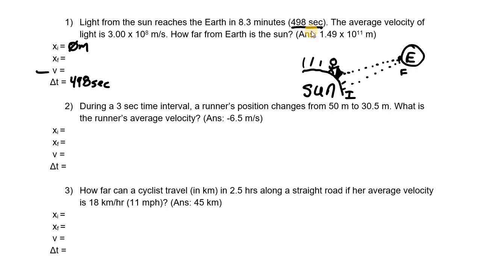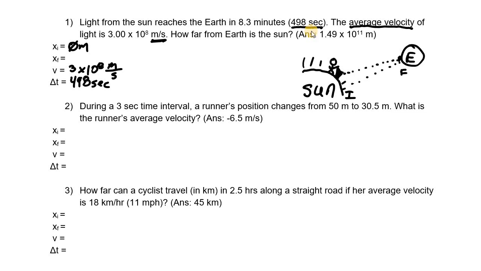We are being told that the average velocity is 3.00 times 10 to the 8th meters per second. We know that's velocity because we're given the units, and we're told specifically that it's the average velocity. So our variable is v: 3 times 10 to the 8th power meters per second.